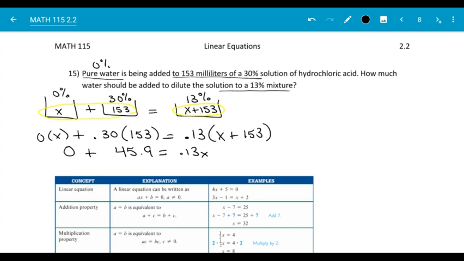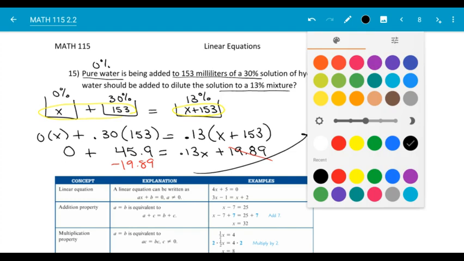equals 0.13x plus, we distribute that 0.13 times 153, we get 19.89. All right, so we can subtract 19.89 from both sides, which is 45.9 minus 19.89, 26.01 equals 0.13x.